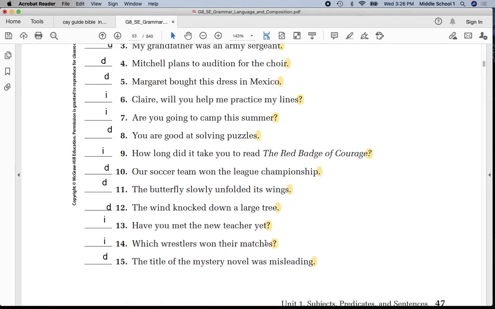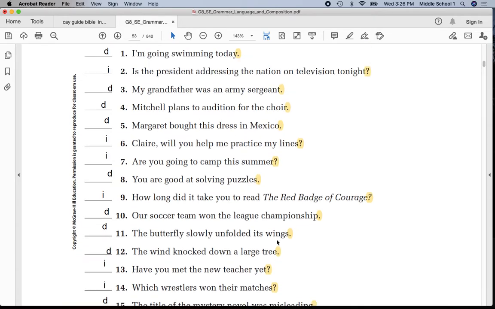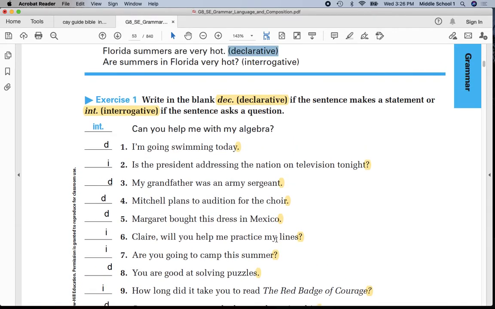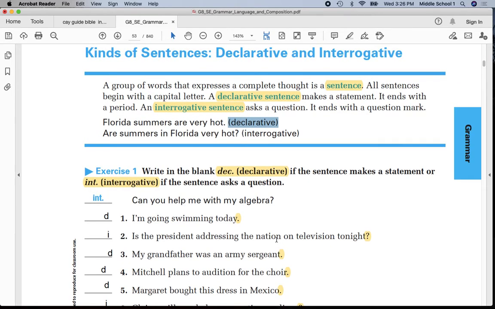Number 13 and number 14 are interrogative. They have a question mark. And number 15 is a period. We call it declarative. I want you to remember from the first part of today's lesson that a declarative sentence is a statement. It has a period. An interrogative sentence asks a question.